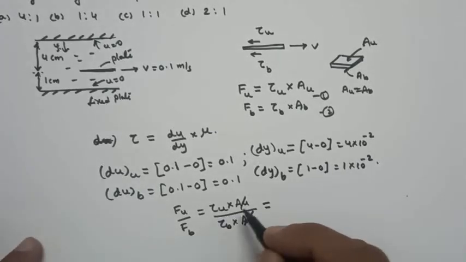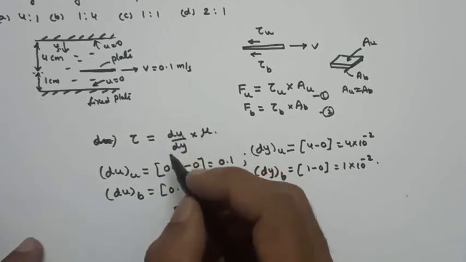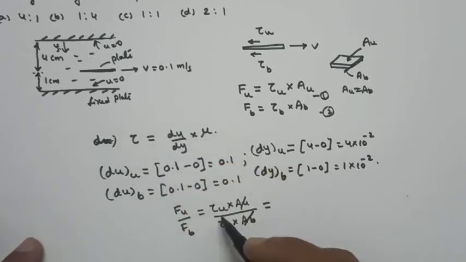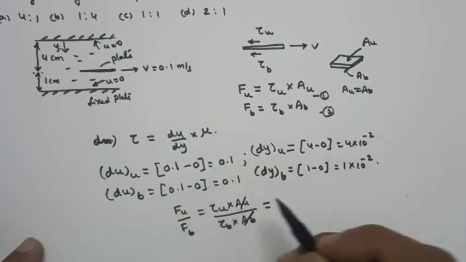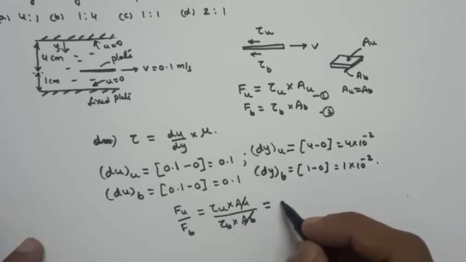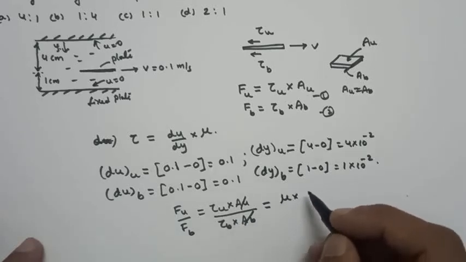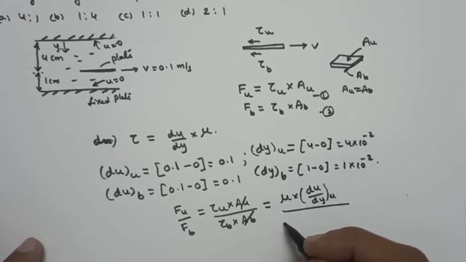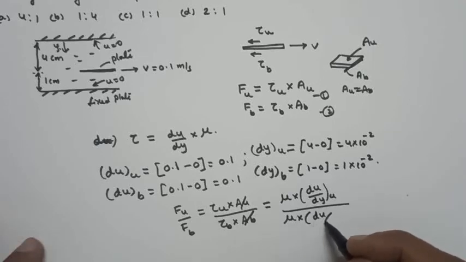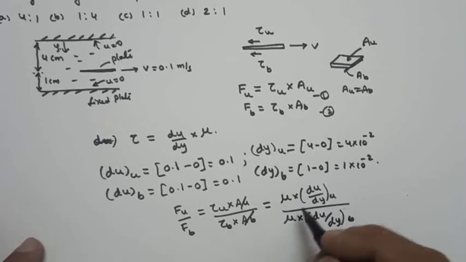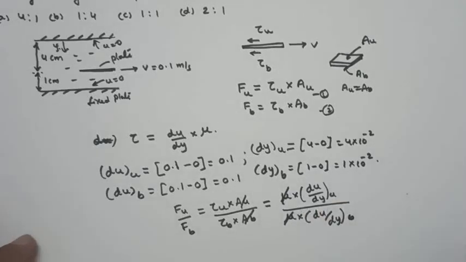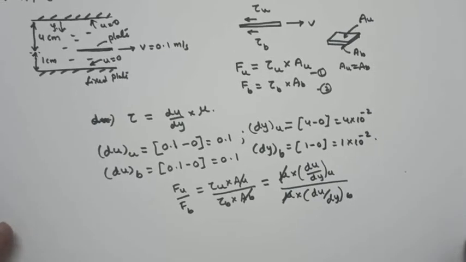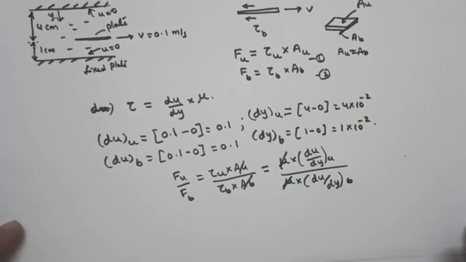So this is equal to mu into du by dy upper divided by mu into du by dy bottom. The mu also cancels because it is the same fluid on both the sides.